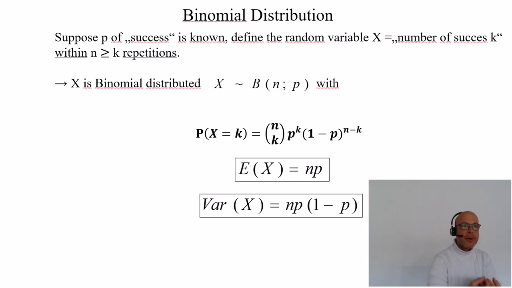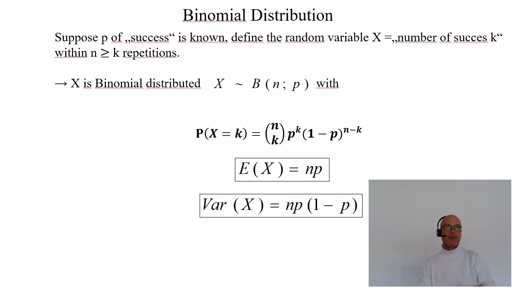Throwing this dice 3 times and asking what is the probability of having within 3 throws 2 times a 6 is of course the multiplication of 2 times success, 1 over 6 times 1 over 6, times 1 time no success, 5 over 6.